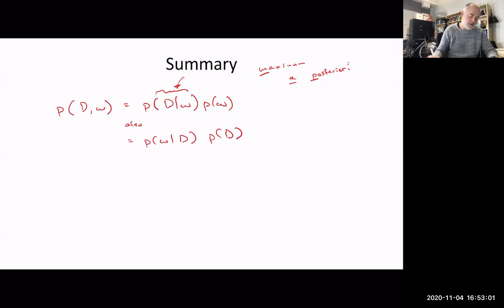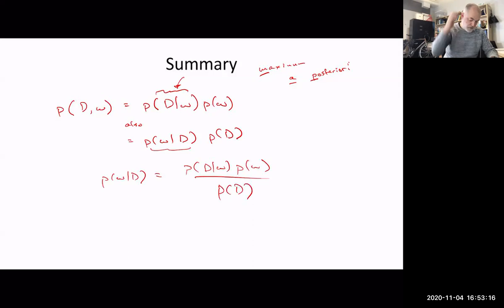And because of this, we can write down this, which is of course our favorite Bayes rule, right?